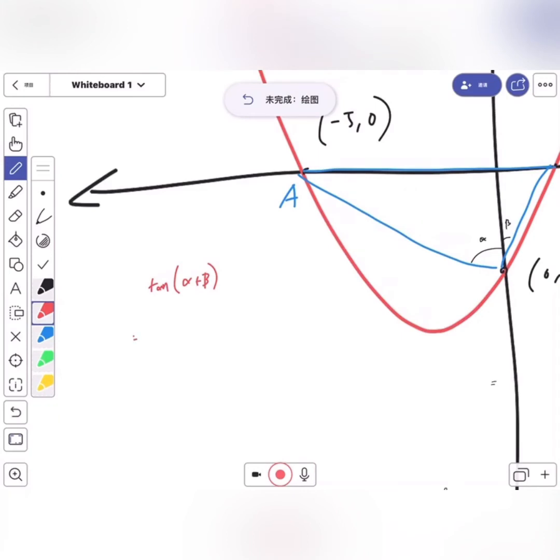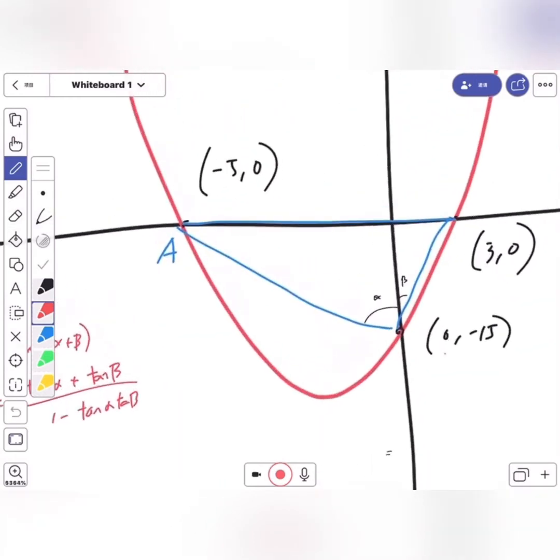Tangent of alpha plus beta is equal to tangent alpha plus tangent beta over 1 minus tangent alpha tangent beta. Now we can separately find tangent alpha and tangent beta, and we're basically done.